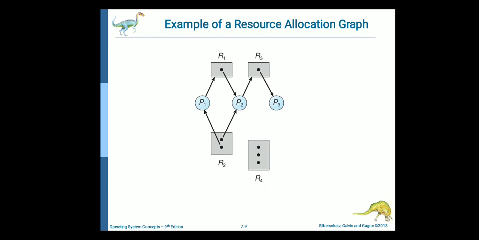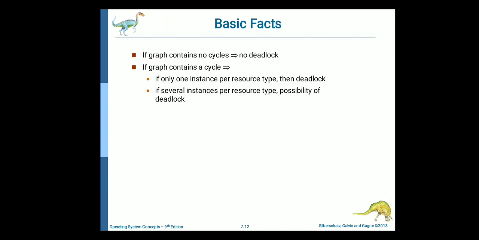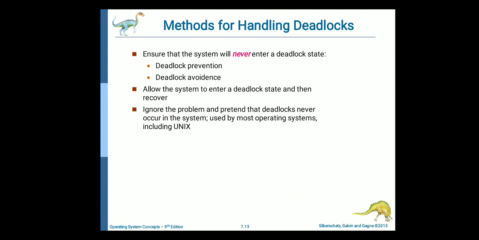By this diagram we can understand it, and we can also identify a cycle using the resource allocation graph. A cycle is responsible for circular wait and creating the deadlock.